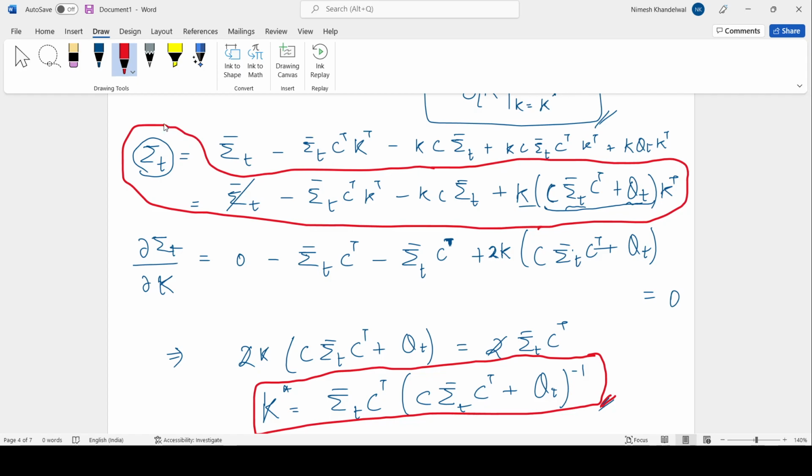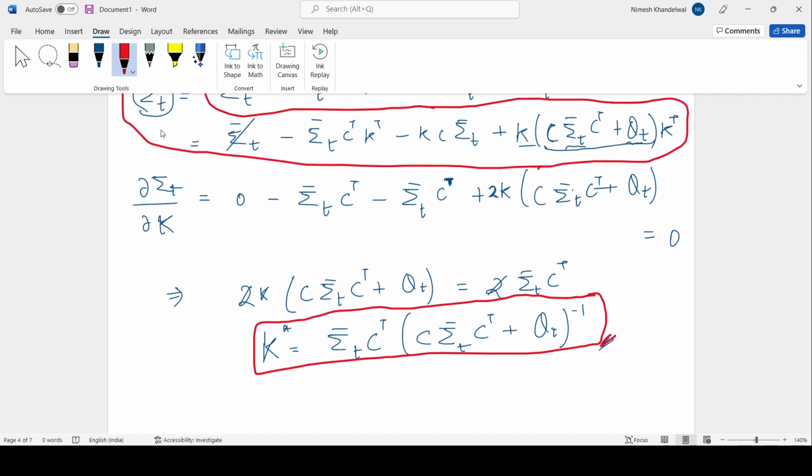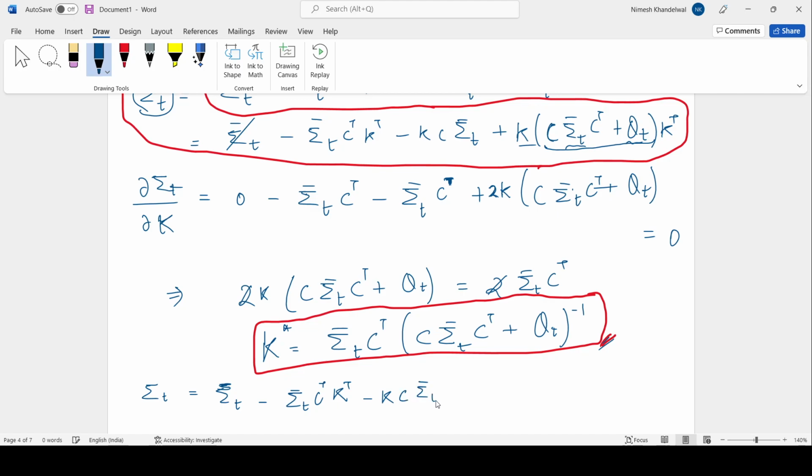So sigma t is sigma bar t here, and then minus sigma t C transpose, let us keep it K transpose, minus K C sigma bar t.